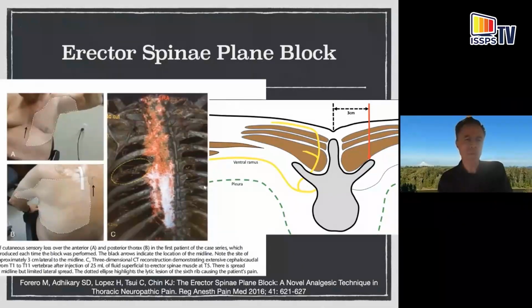The care providers injected between the erector spinae muscle and the transverse process, and this resulted in quite dramatic improvement in pain relief for the patient, and remarkably resulted in extensive cutaneous loss of sensation involving the entire hemithorax, implying blockade of both the ventral and dorsal rami of the spinal nerves.